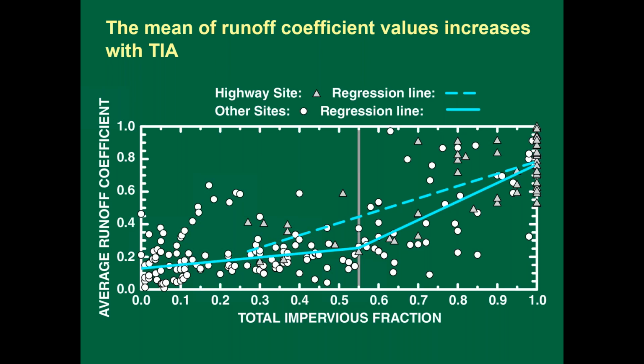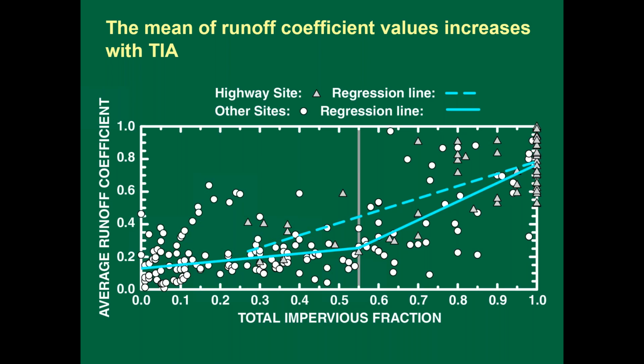For these sites, the mean runoff coefficient increases gradually with imperviousness below a fraction of 0.55. The slope of the average runoff coefficient equation increases above this breakpoint. The breakpoint between segments is shown as that vertical gray line.